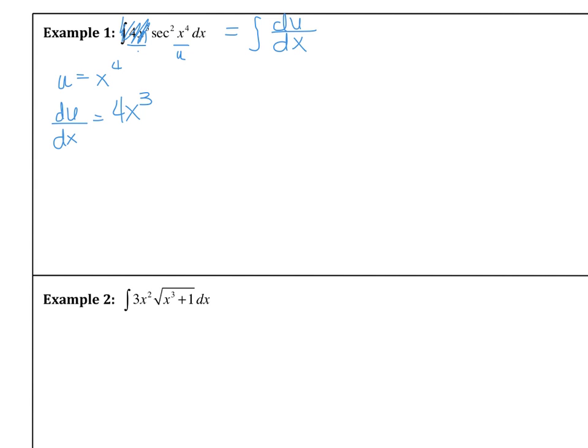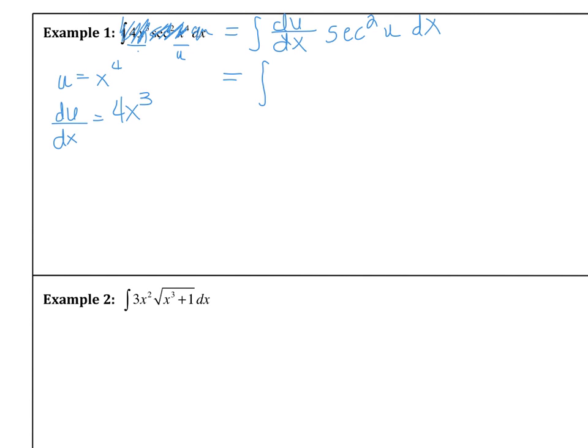All right, secant squared. I don't have anything for that. I just got to write it. Secant squared. All right, but instead of writing secant squared of x to the fourth, I can write secant squared of u. And that takes care of this. And then I need to write a dx still. But that leaves everybody accounted for. And then, of course, this will clean up nicely, right?